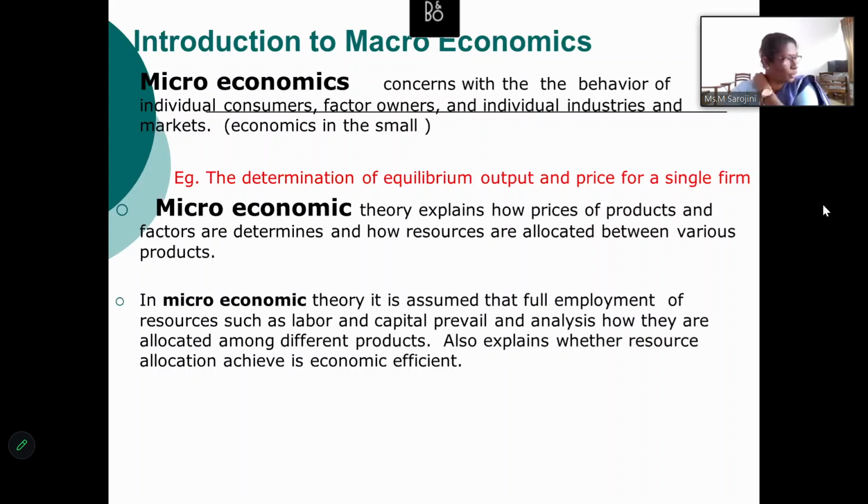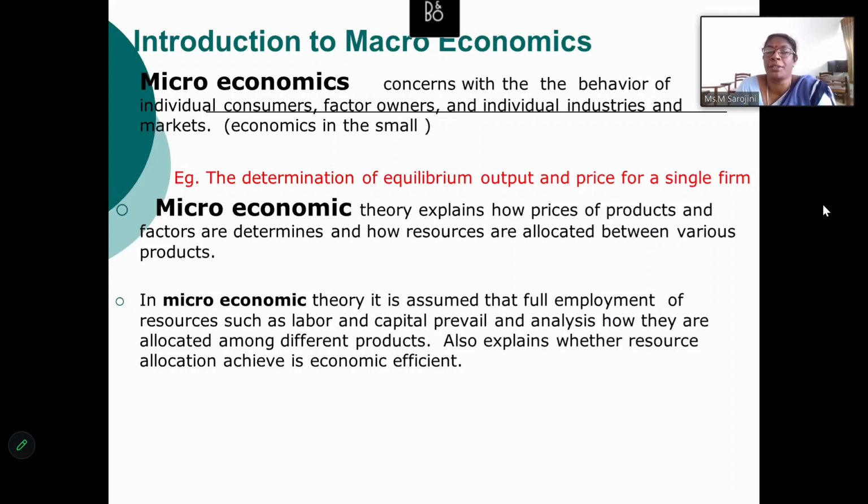What are the factors of production? Capital, labor, land, entrepreneurship are the factors of production. The owners of these factors of production are the households, right?